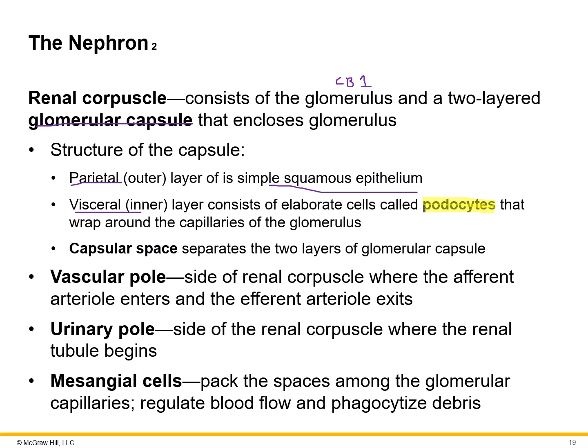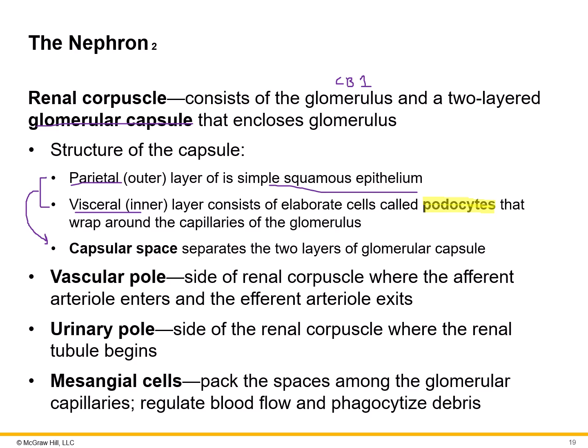Now, between these two layers, we get the capsular space. So between the parietal and the visceral layer is a space made by these two layers of the capsule. Now that space will eventually become the lumen of our tubule. Now we also get different regions of this corpuscle, and the names aren't complicated.